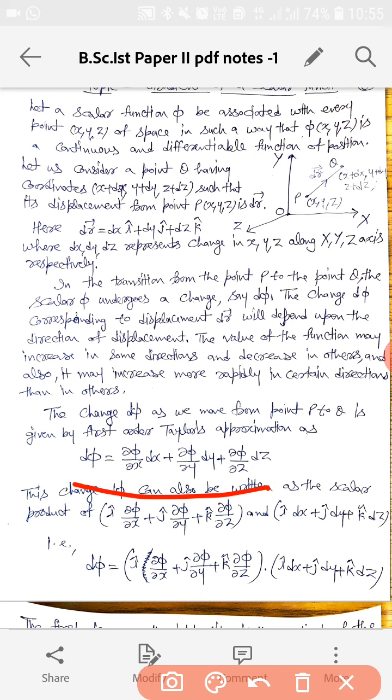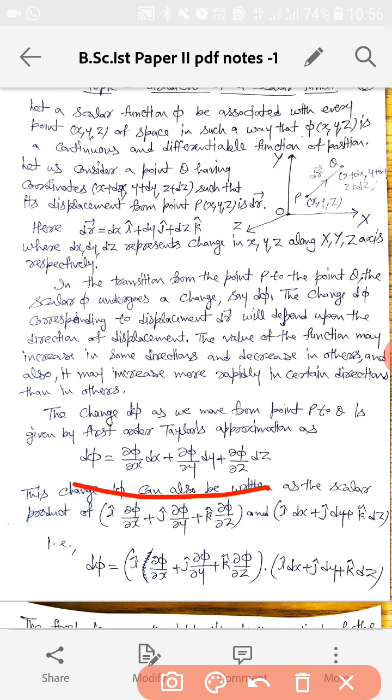This we have written from the Taylor approximation, but you can understand it like this, because as we just discussed, phi is a function of x, y, and z. So how will this phi get changed? It depends on how much x, y, or z gets changed when we change the position from P to Q. Suppose we move along the x direction, then the x coordinate itself gets changed.